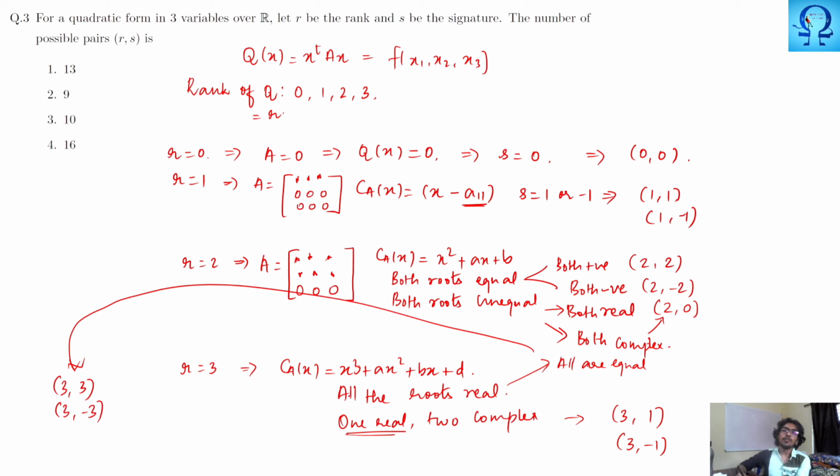Okay, when two are equal, in that case the two can be either positive or negative. So if you look for all the possibilities, you will end up with only these four things. So if you just count the total thing, here you have one, here you have two, here you have three options, and from this you have four options. If you add all these things, you are going to get 10. So there are 10 possible pairs, right?